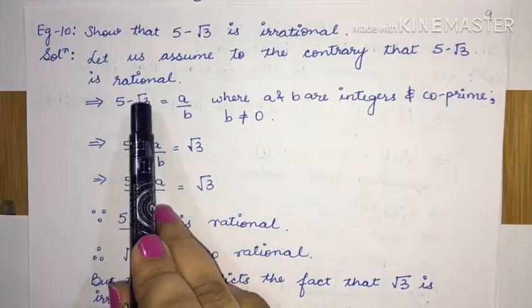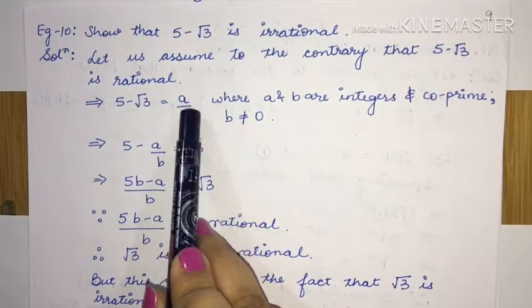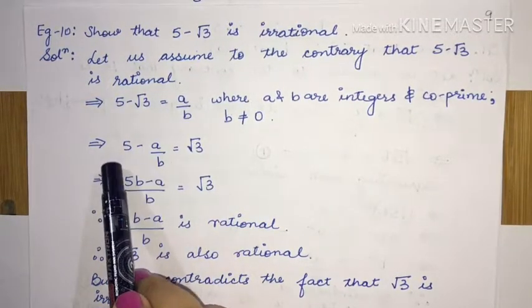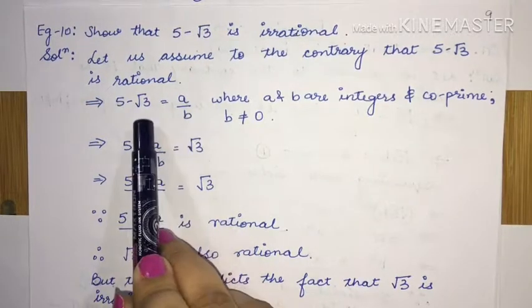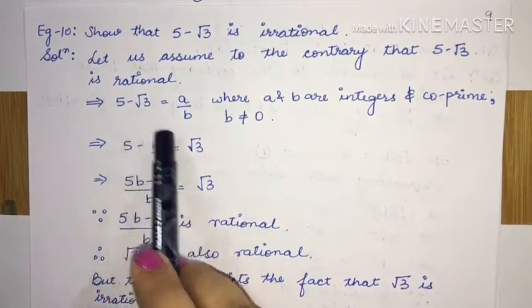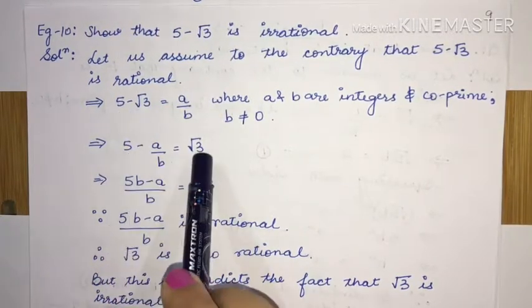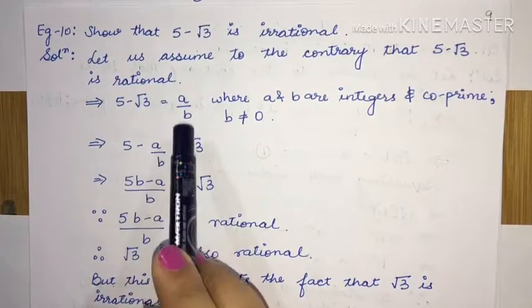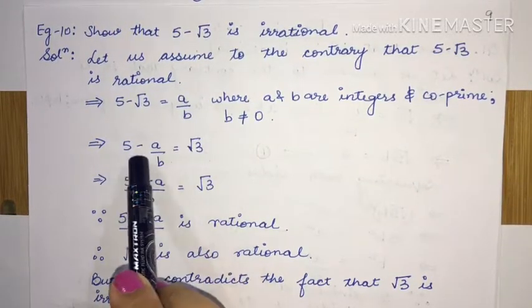So, we'll send the root value over there and bring all the other values to one side, which implies 5 minus a by b is equal to plus root 3. As we are sending root 3 over there, the sign changes to plus, and as we are bringing a by b over here, its sign changes from plus to minus.